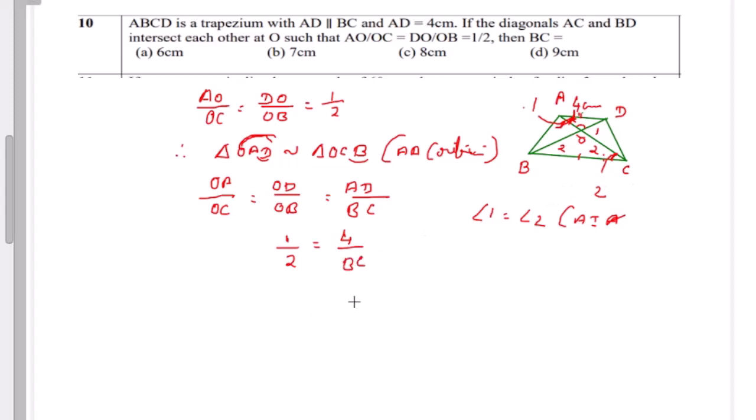By cross multiplication, BC is equal to 2 into 4, which is 8. That means BC is equal to 8 centimeter. So we can select option C. The length of BC is 8 centimeter.